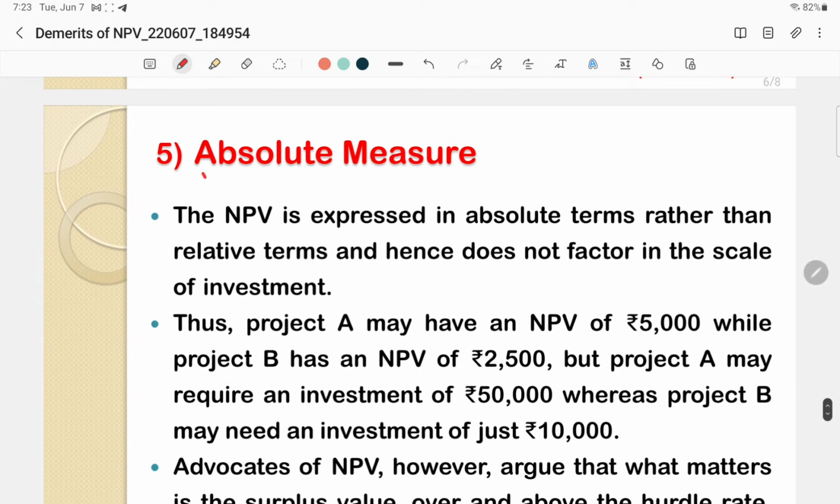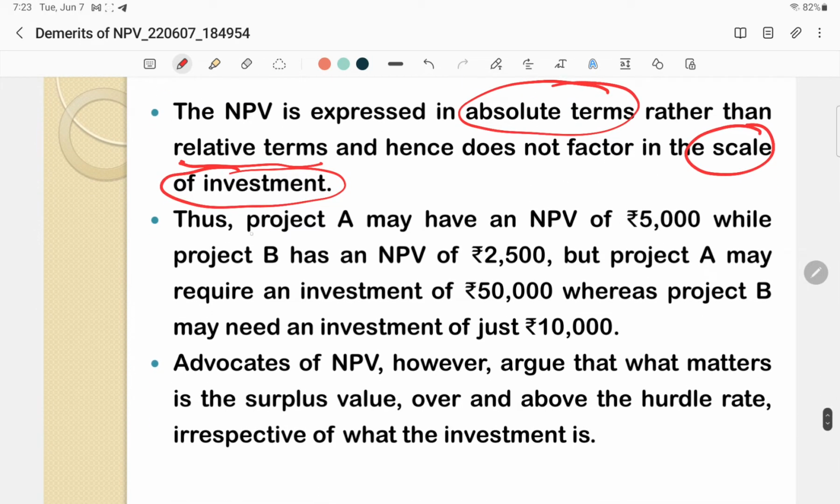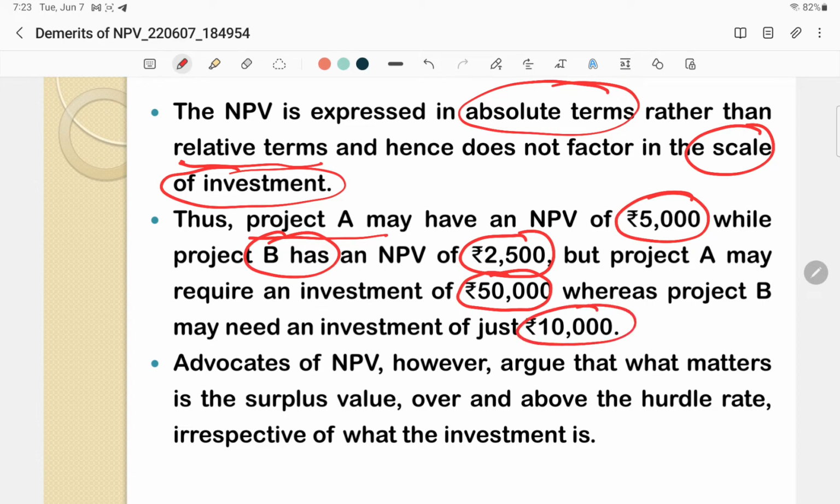Next is the absolute measure. NPV is expressed in absolute terms or absolute values rather than the relative terms, and in this calculation there is no role of the scale of investment in a project. It doesn't matter what investment is made in a project. Suppose there is a project A which is offering an NPV of 5,000 and project B is offering an NPV of 2,500. But size of investment in project A is rupees 50,000, but in project B investment is of just rupees 10,000.